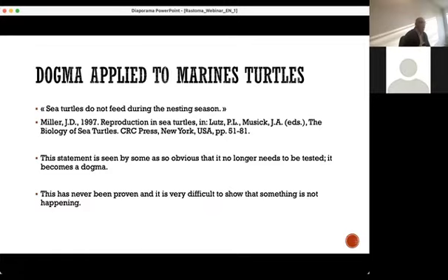It becomes a dogma. But when you look more precisely at the data, you see that this dogma, that sea turtles do not feed during the nesting season, has never been really validated. So it becomes something that we say again and again, but it has not been tested. It becomes a dogma applied to marine turtles.